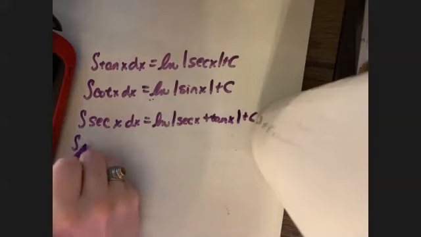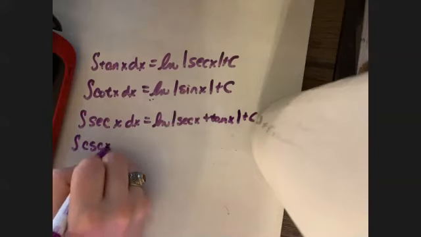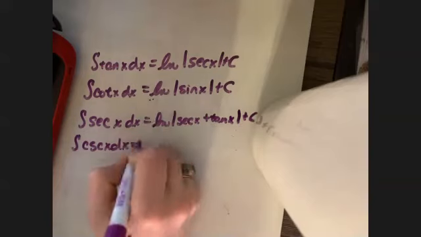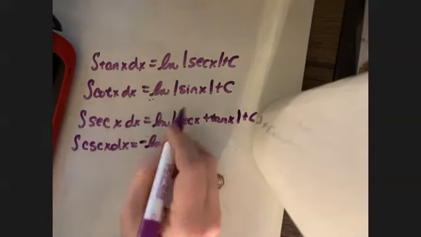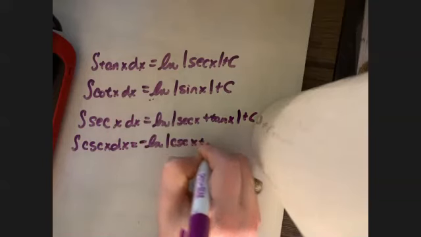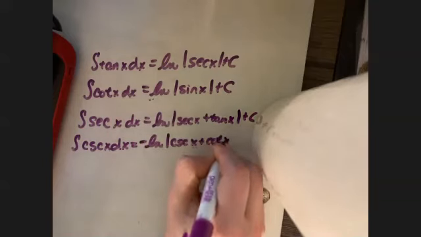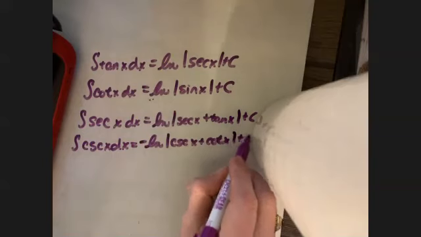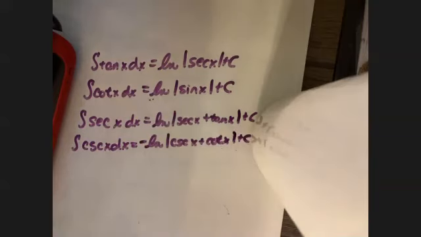And the integral of cosecant x dx is negative natural log absolute value of cosecant x plus cotangent x plus a constant.